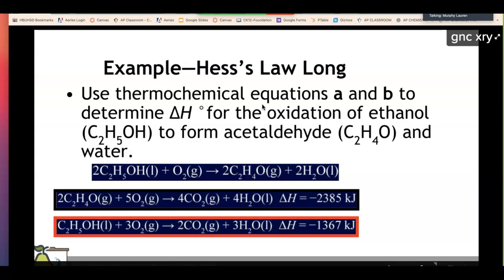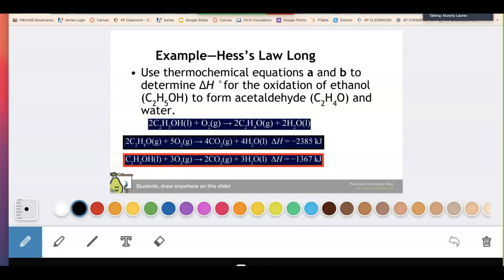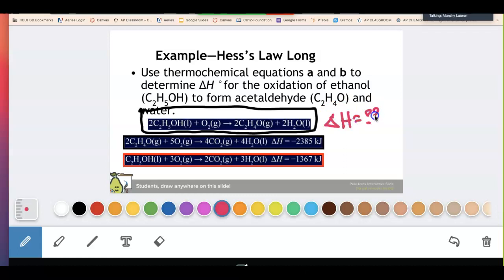So I just said what delta H was. Okay, so look at this equation. Here's the whole point. I give you this reaction right here, and I say, hey, I do not know this guy's delta H. However, I have this equation and this equation where my delta H's are given.